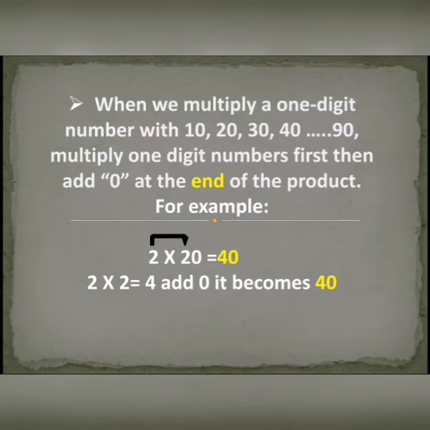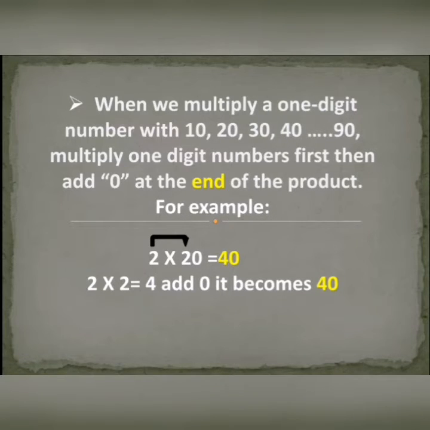For the number 70, we are going to take the first digit, which is 7. 2 times 7, we get 14. Then we add 0, our answer becomes 140. So I will be showing you a video for better understanding. Okay, so let's watch and learn.